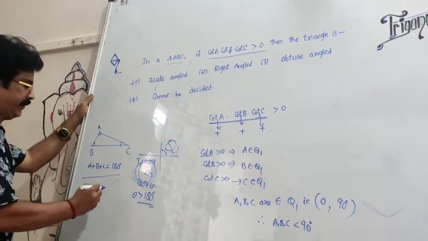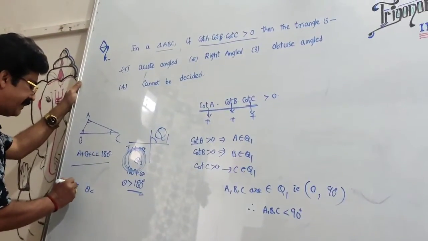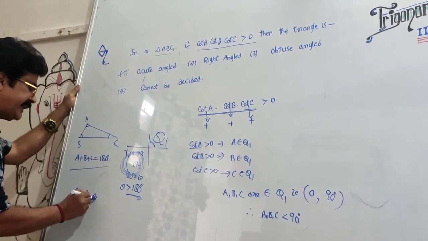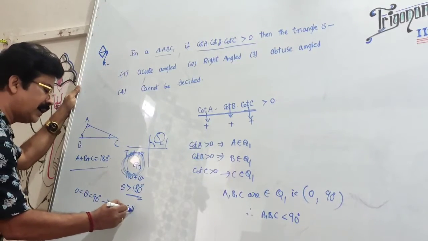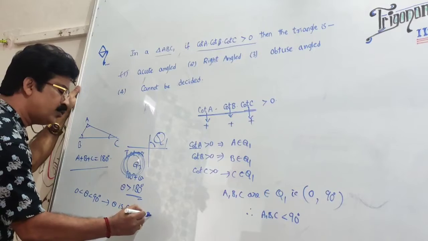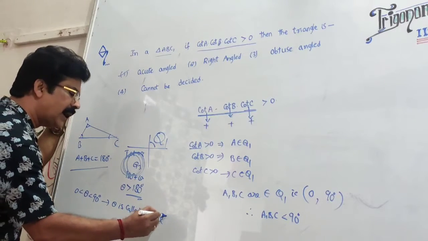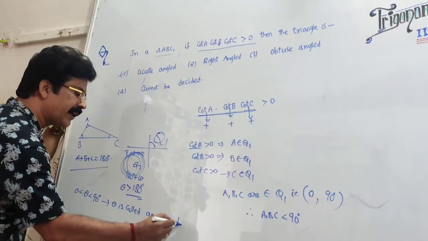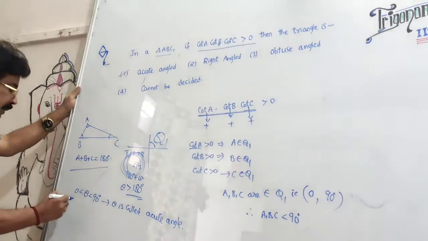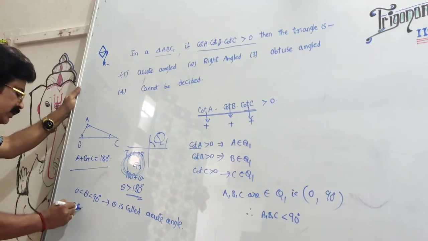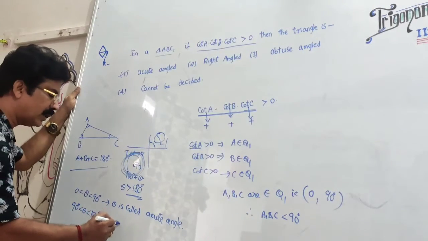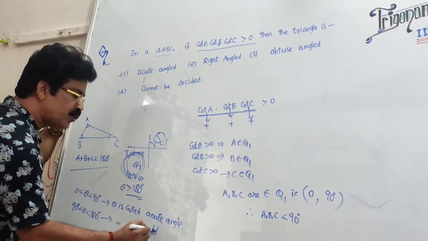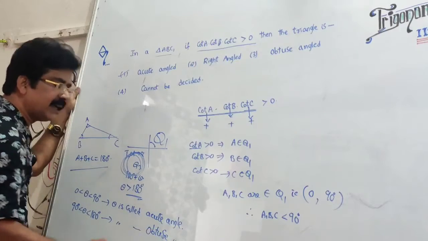If theta is between 0 and 90 degrees, then theta is called an acute angle. For example, if theta is between 90 and 180 degrees, then theta is called an obtuse angle.